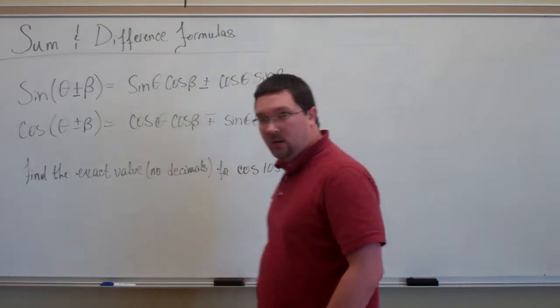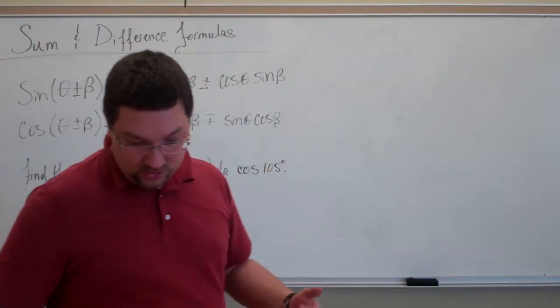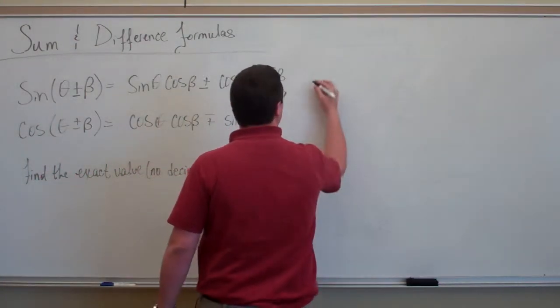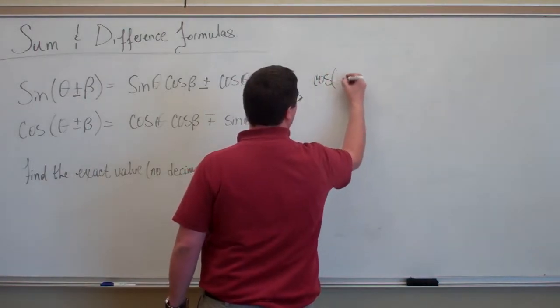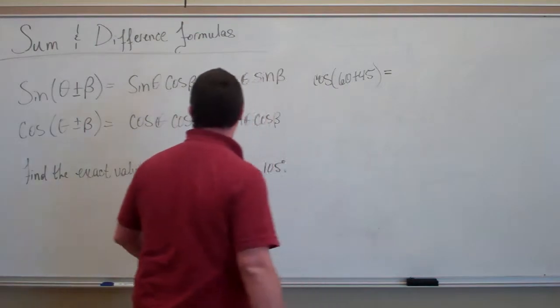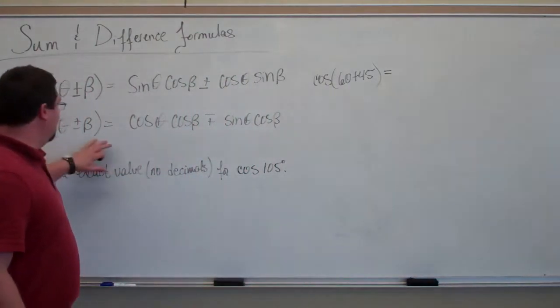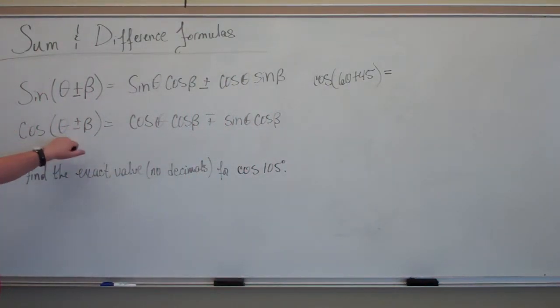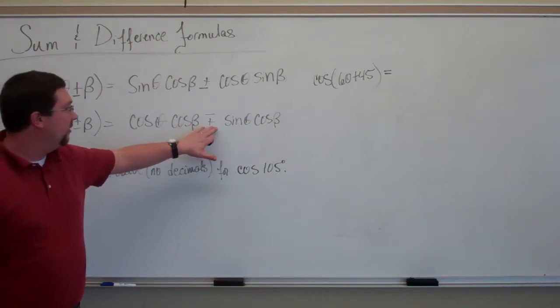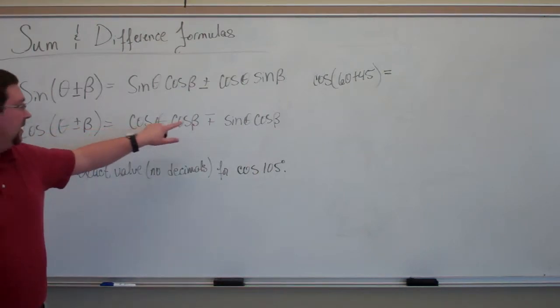Alright, so for 105, let's use 60 and 45. Okay? So we're going to have the cosine of 60 plus 45. And now the cosine one's a little different. Okay, if you're adding them together, it's going to be the cosine of the first times the cosine of the second. Reverse your sign. If it's positive, it becomes negative.